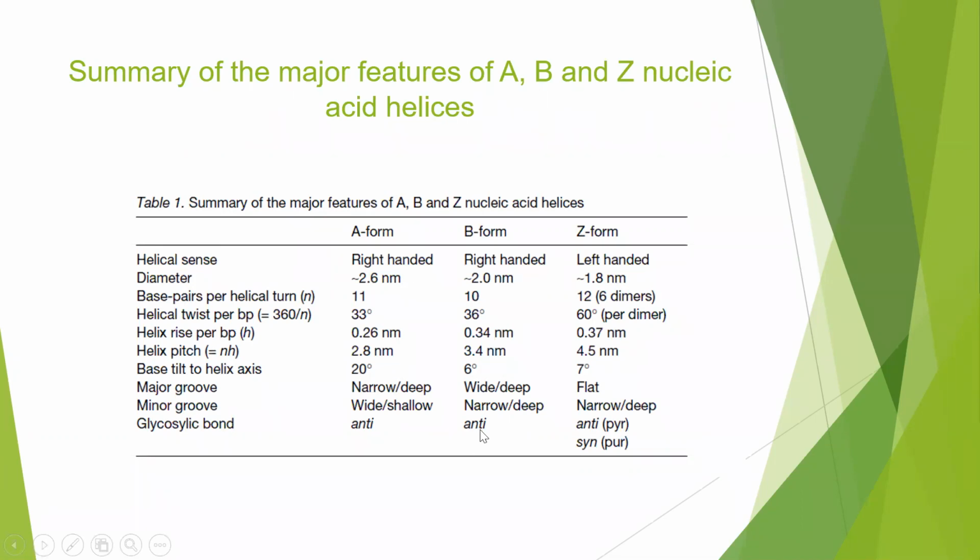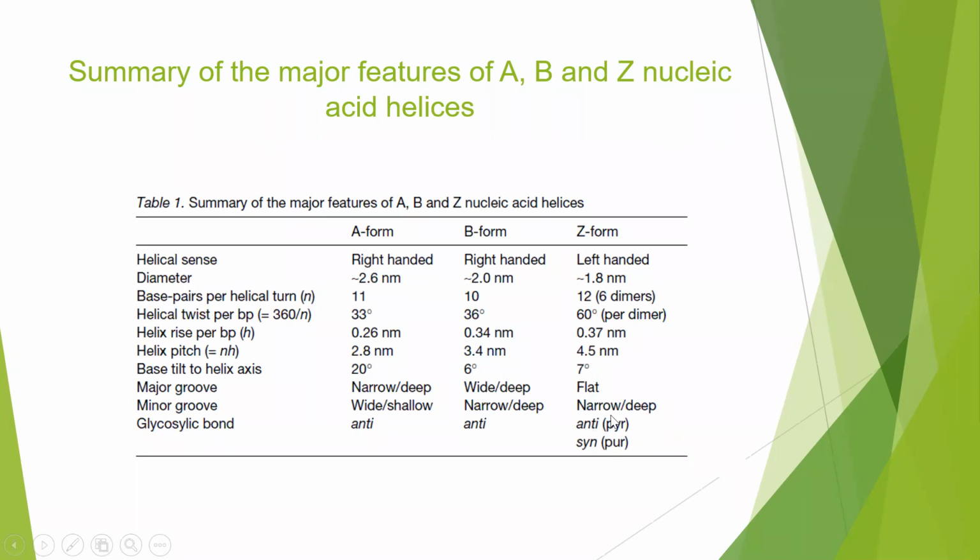Glycosidic bond, as we discussed: all the nucleotides in A form and B form adopt anti conformation. Only in Z form do the purine nucleotides adopt syn conformation, whereas the pyrimidines adopt the same anti conformation.